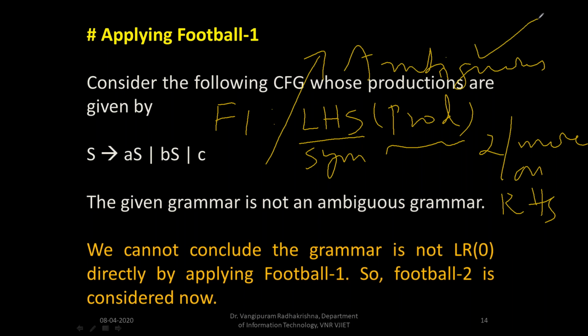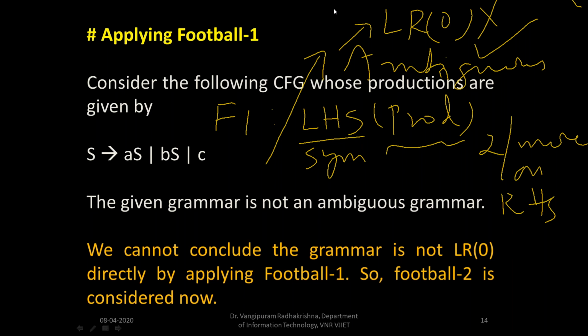The moment the given grammar is ambiguous, you are able to declare that it is no more LR0. But this particular property does not hold good with respect to the given grammar.